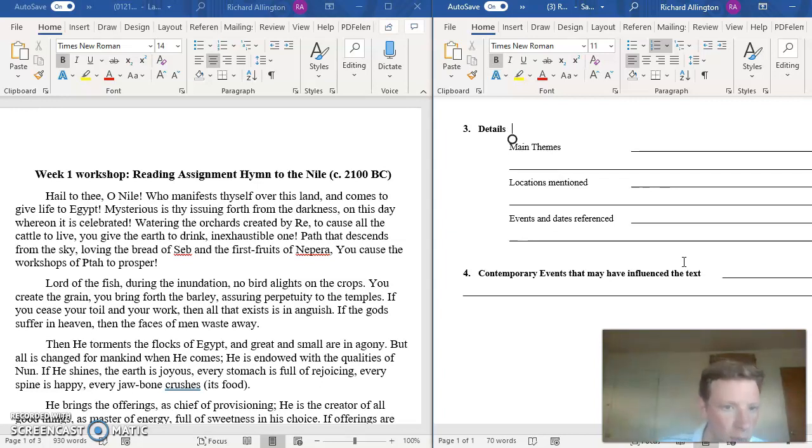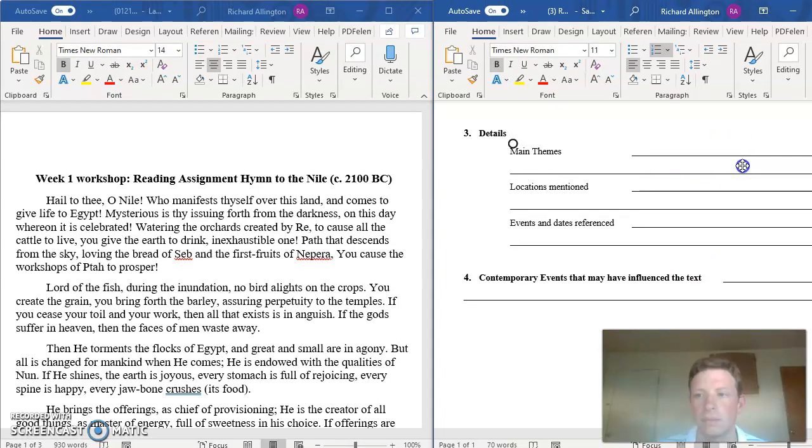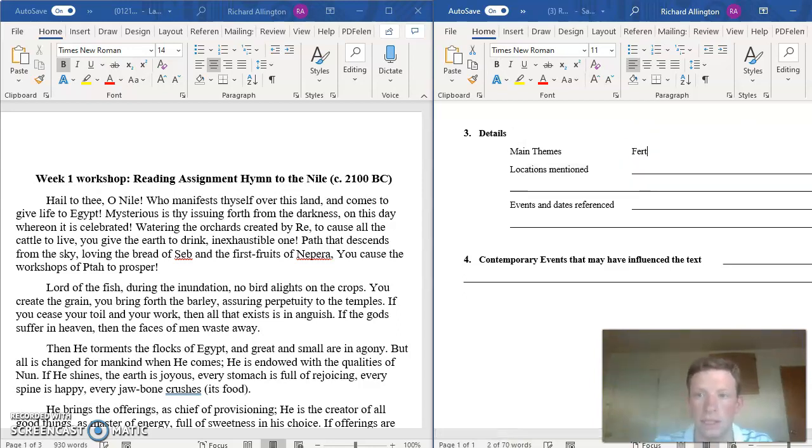And so the three themes that I've identified at least are: fertility, the fertility of the crops; divine power, the importance of religion; and the importance of the seasons.